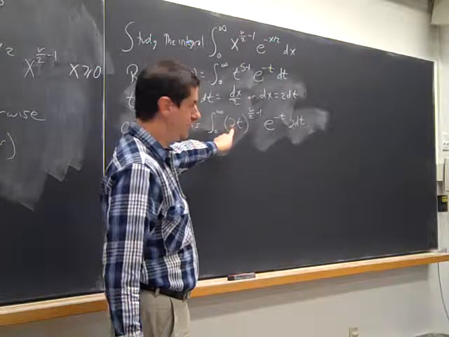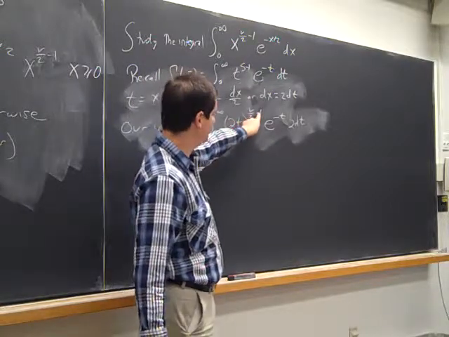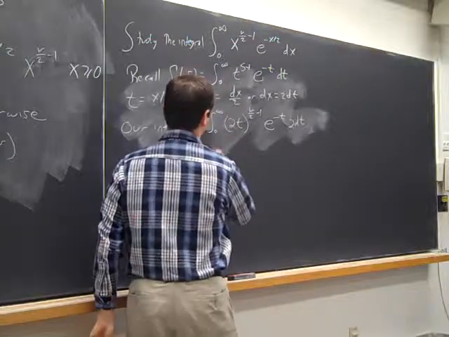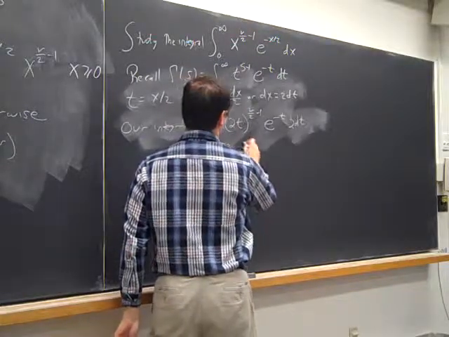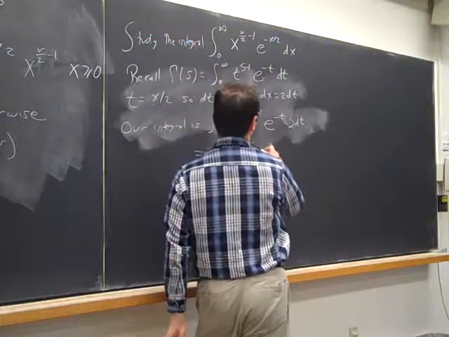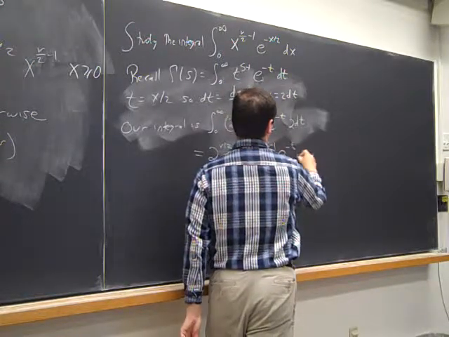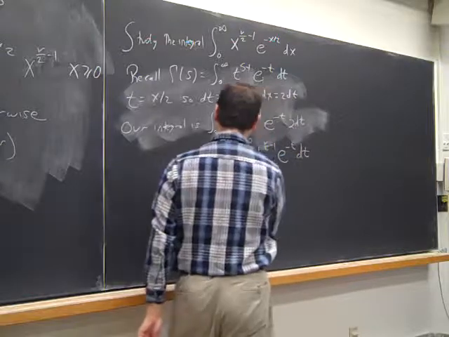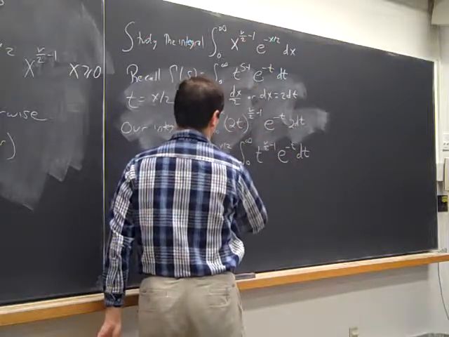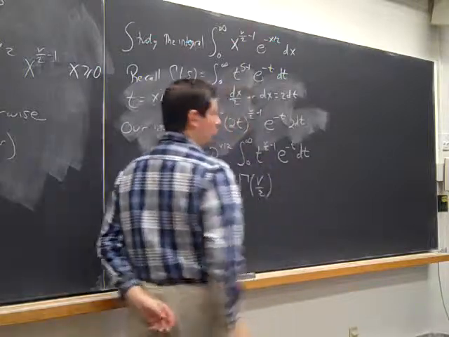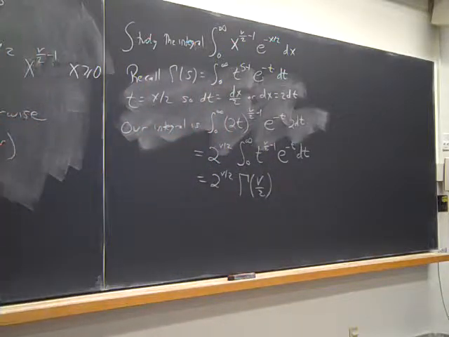Well, if I pull out the 2, I'll have 2 to the nu halves minus 1 times 2, that's just 2 to the nu halves. And I have the integral from 0 to infinity of t to the nu halves minus 1 e to the minus t dt. But by definition, that's just the gamma function where s is equal to nu halves.